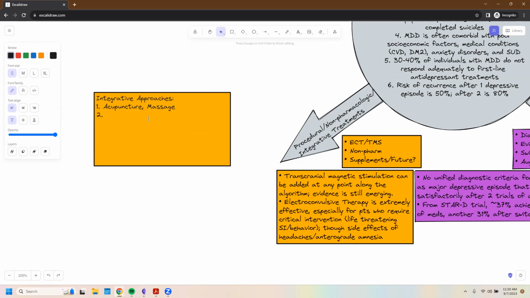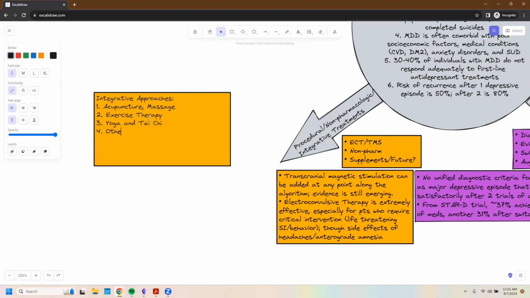There's a lot of data with exercise therapy. And that doesn't even mean they have to get into a specific exercise regimen. They could literally just be walking every day, and that starts to really increase the amount of dopamine and serotonin flushing through their system. Within that also specifically is yoga and Tai Chi. That can be particularly helpful when counseling some of our Asian populations here in Washington as well.